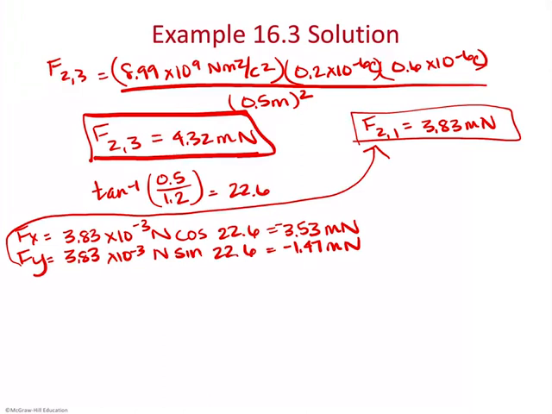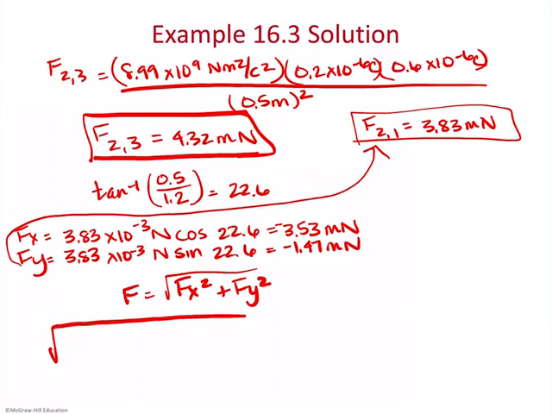So we have to figure out the total force. So the whole force, right? So we got to do the square root of force in the x's squared plus the force of the y squared. All right, so we got to do the square root of the force of the x's. Well, there was only one x value, right? It was this one right here.